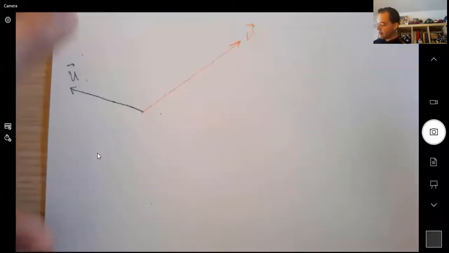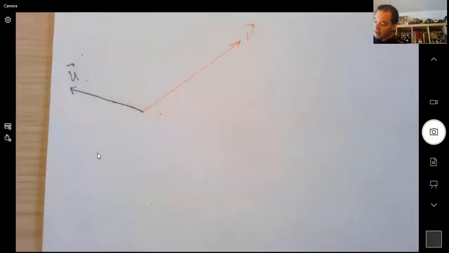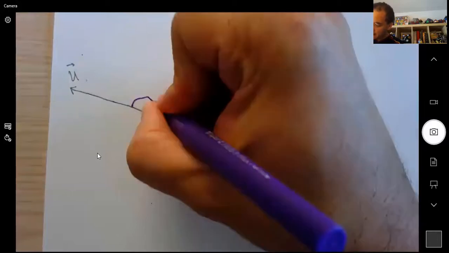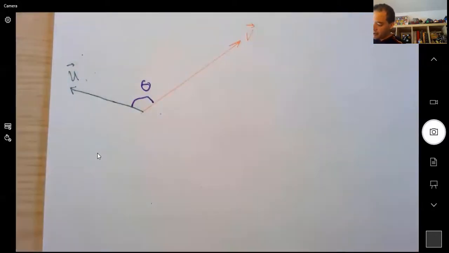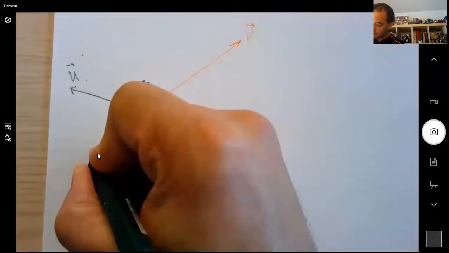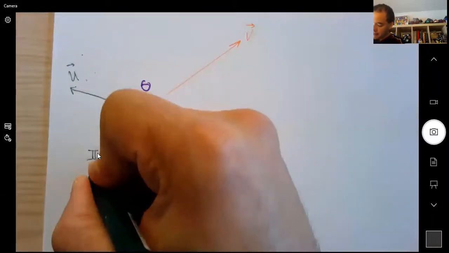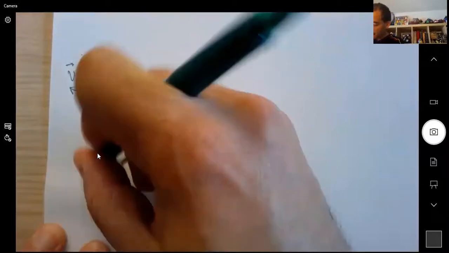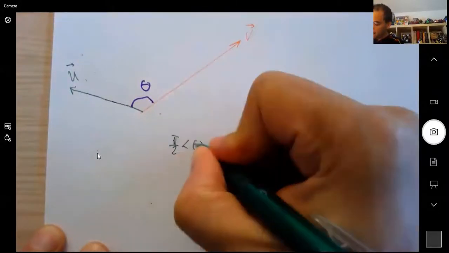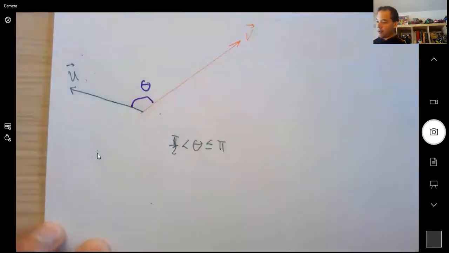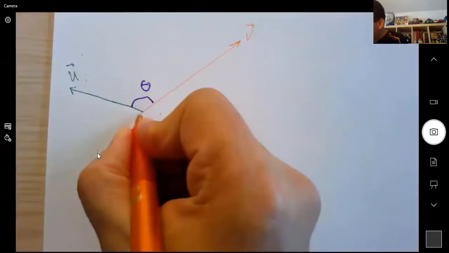The angle is more than 90 degrees. This angle theta satisfies that it is bigger than 90 degrees, so pi over 2 is less than theta, which is less than pi. So how do we find out the projection?